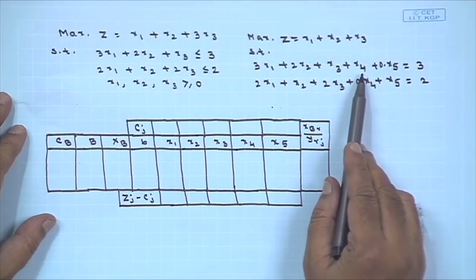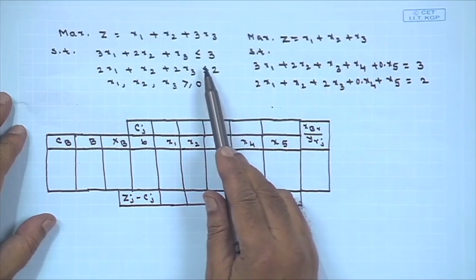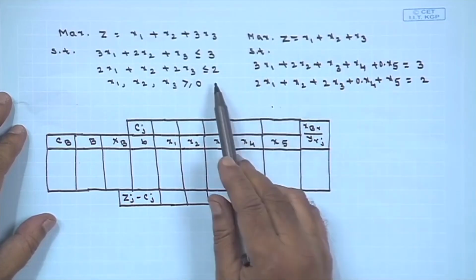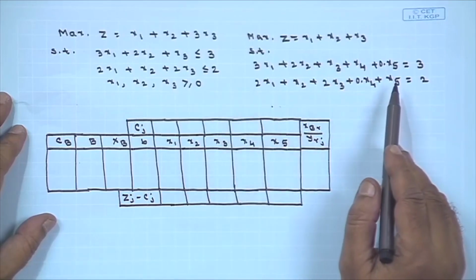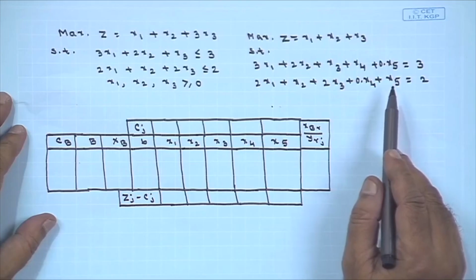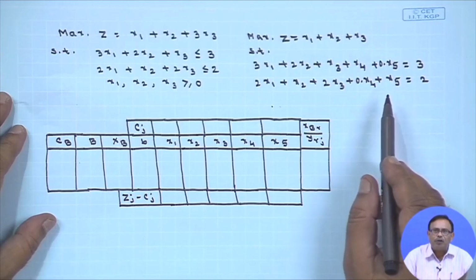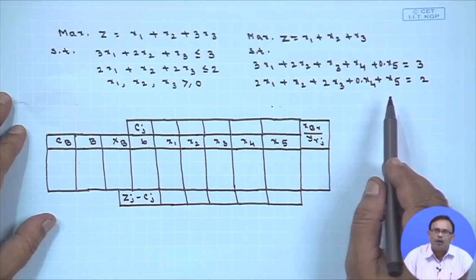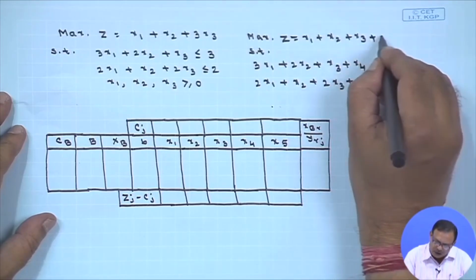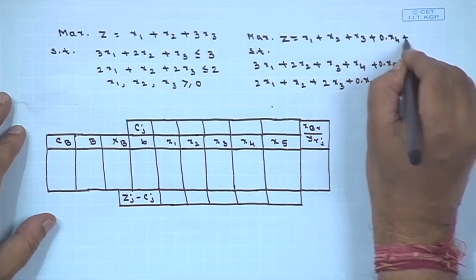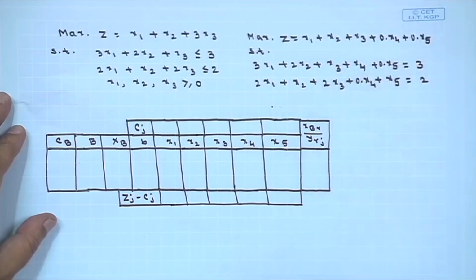So, x4 is the slack variable associated with constraint 1, and x5 is the slack variable associated with constraint 2. As I have mentioned earlier, the coefficient of the slack variables in the objective function will always be 0. Please note this. The associated cost, the coefficient of the slack variable in the objective function, is 0 into x4 plus 0 into x5.